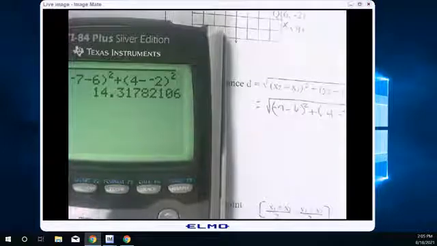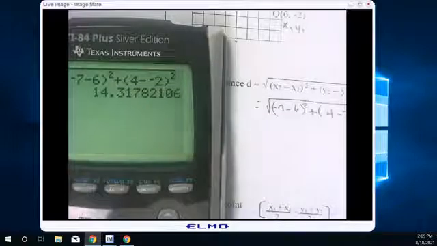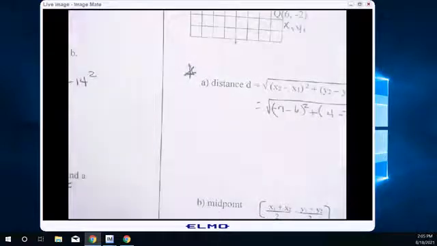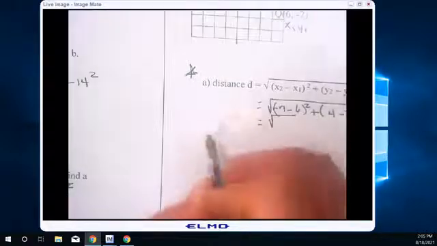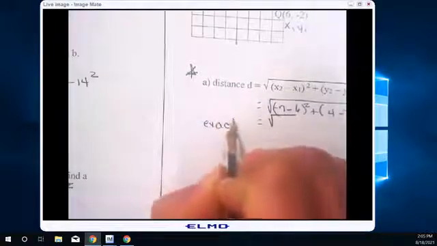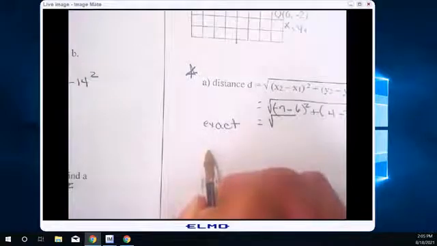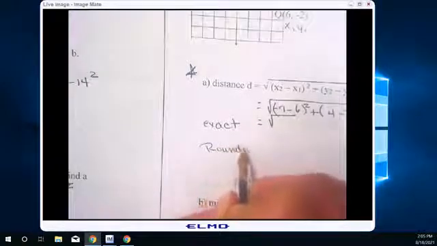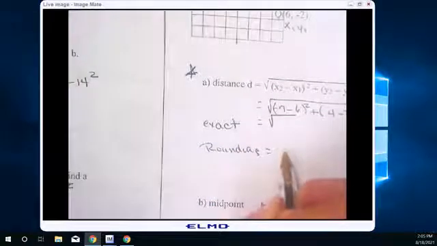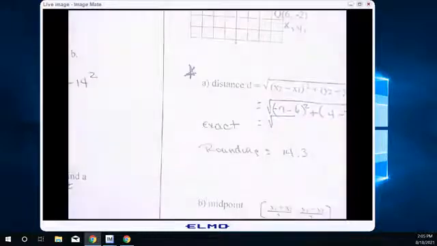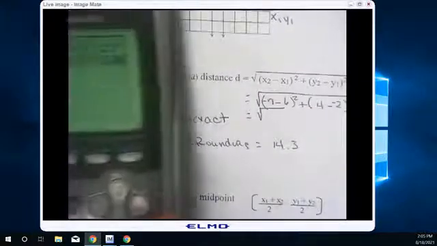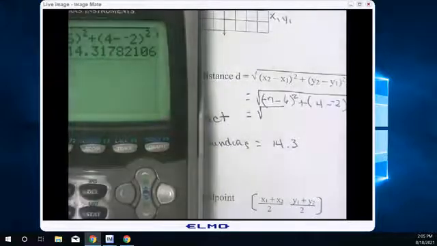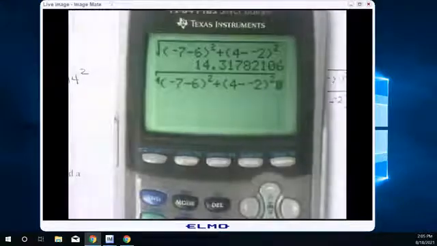If they do not tell you what to round to, or if it's an exact answer, round to the nearest tenth. So if they say exact answer, how is that different from rounding? 14.3 is rounding. What if I said, nope, you have to give me an exact answer? What makes this a decimal?